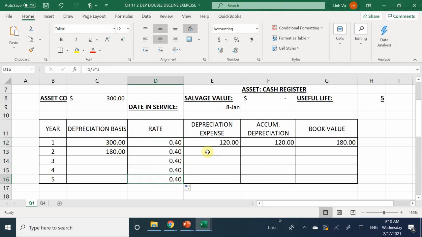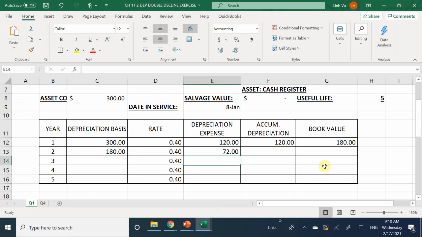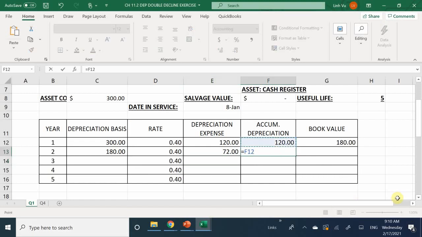So what is going to be my depreciation expense for year 2? 72. And what is now going to be my accumulated depreciation? 192.